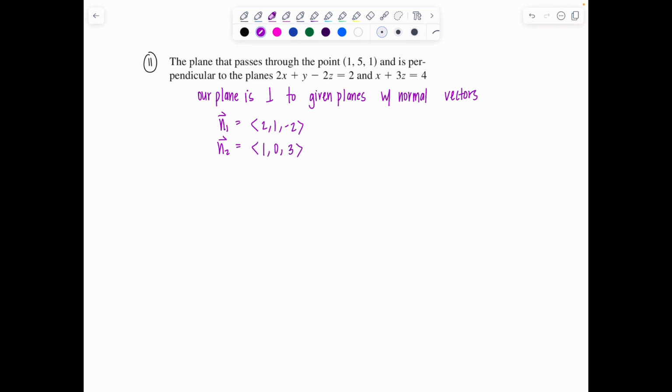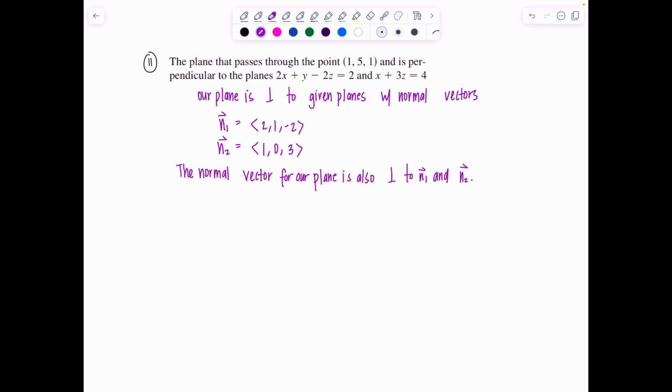Well, that means the normal vector for our plane is also perpendicular to n1 and n2. So the normal vector to our plane is mutually orthogonal to both the normal vectors that were given for these planes.